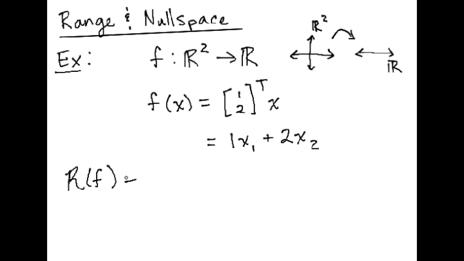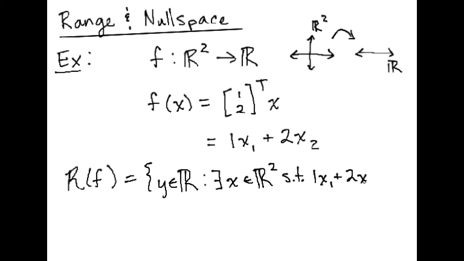So by definition, the range of f is going to be the set of all y in R such that there exists an x in R2 such that 1 times x1 plus 2 times x2 is equal to y.